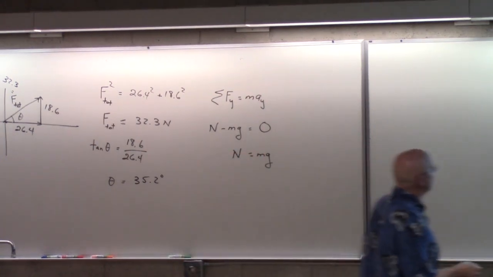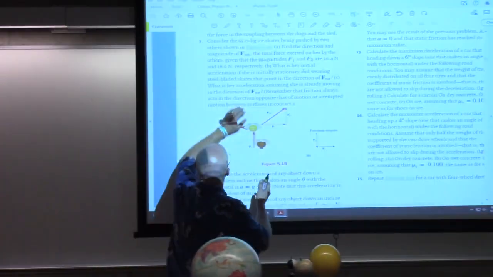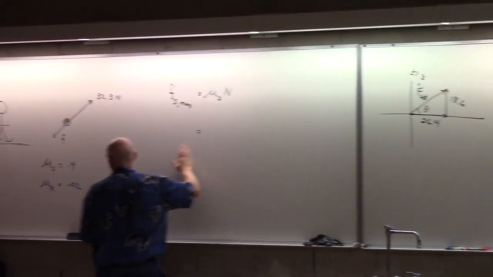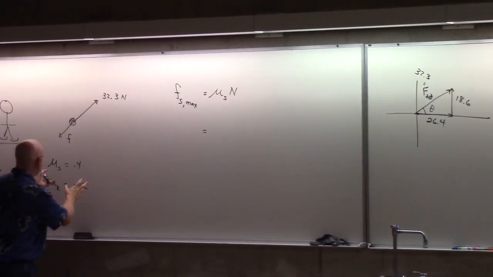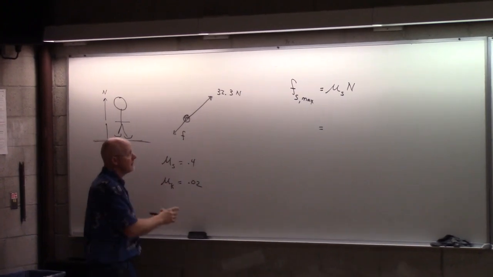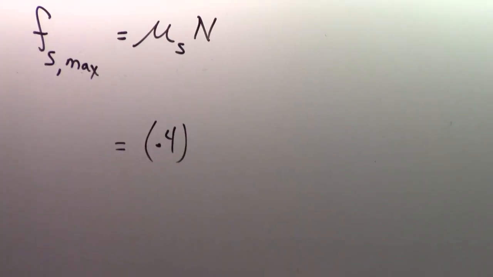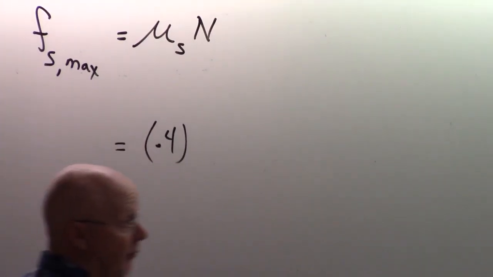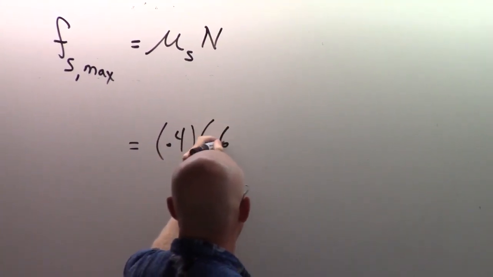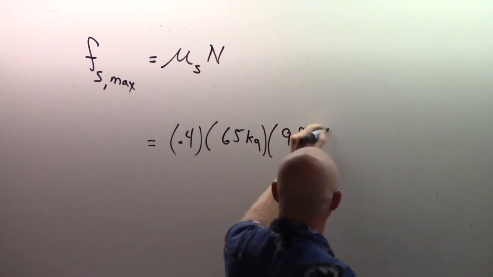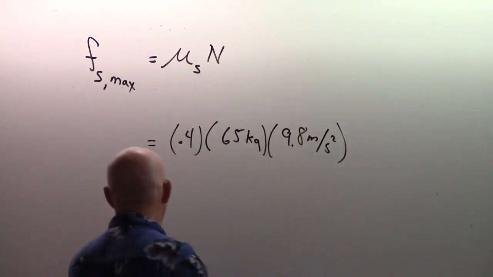They even gave the mass earlier on, there it is, a 65 kilogram person. So I can come over here and say, all right, let's calculate this maximum static friction. The coefficient is 0.4. The normal force is the 65 kilograms times 9.8 meters per second squared.